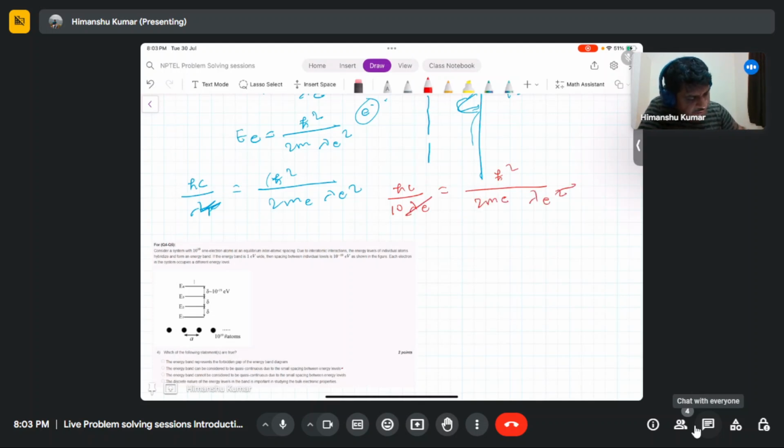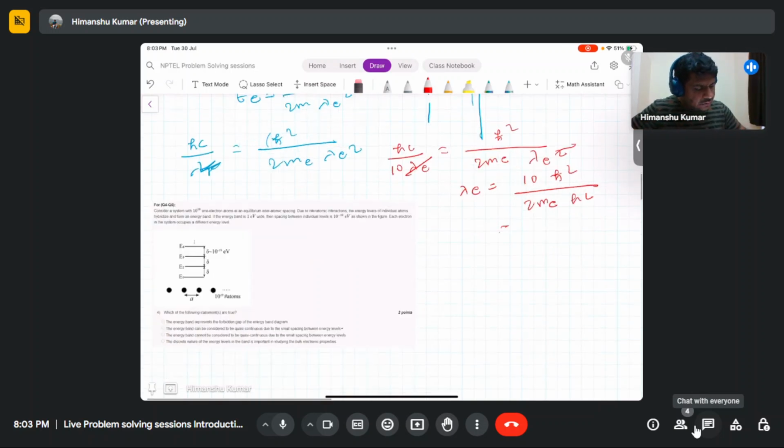So this square, then this will get cancelled. So lambda_e you will get 10 times h bar square by 2 m_e into hc. So h bar you can replace by h over 2 pi, whole square, and then 2 m_e hc.